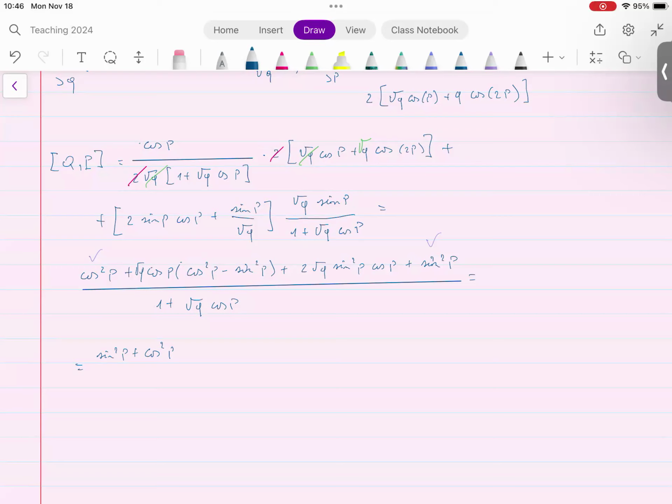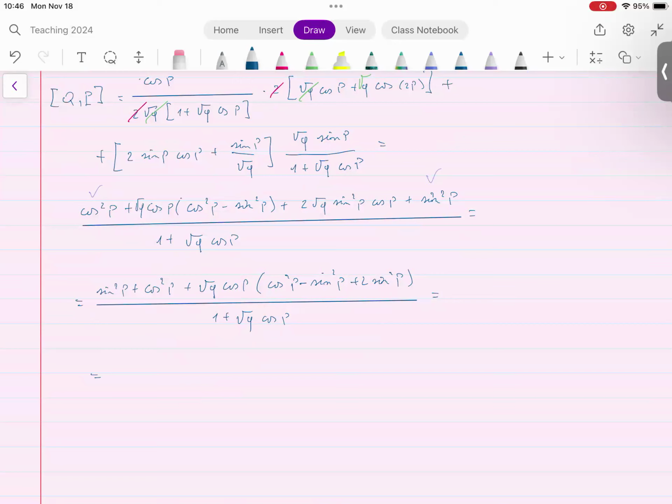We can collect some p's, and we can collect square root of q cosine p, and then we have cosine square of p plus, oops, I do get plus, but let me do all the steps, minus sine square of p plus 2 sine square of p, all divided by 1 plus square root of q cosine of p, and this gives me 1 plus square root of q cosine of p.